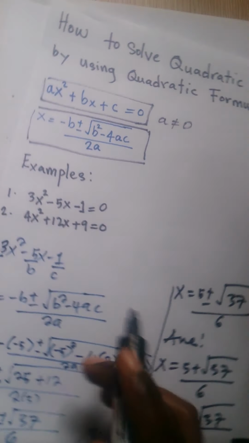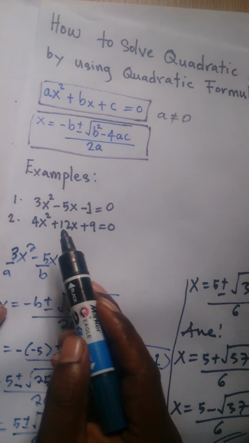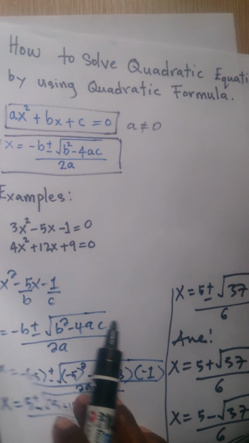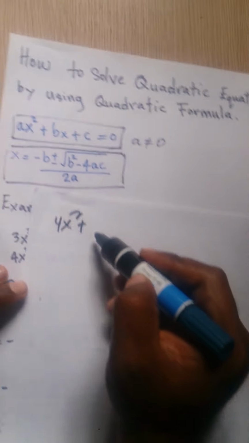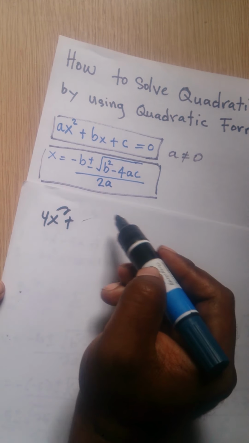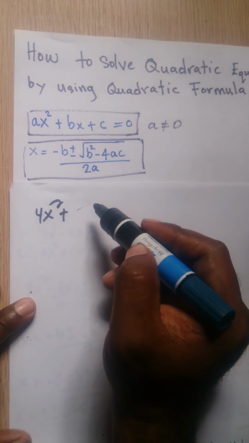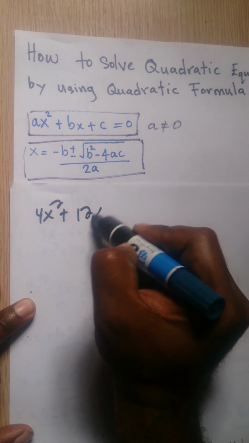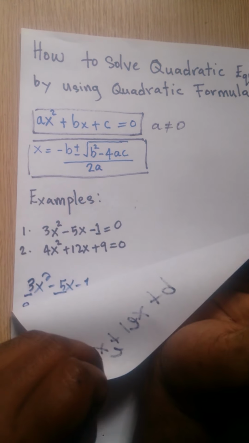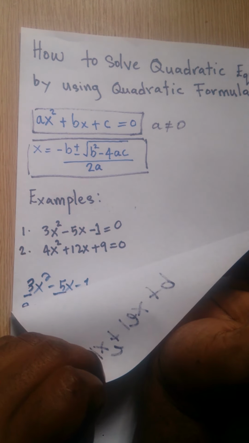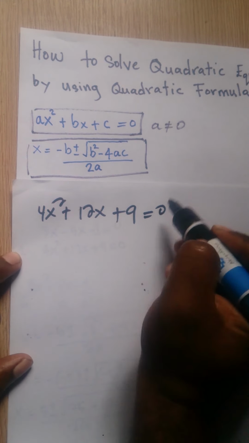The second example is 4x squared plus 12x plus 9 equals 0.